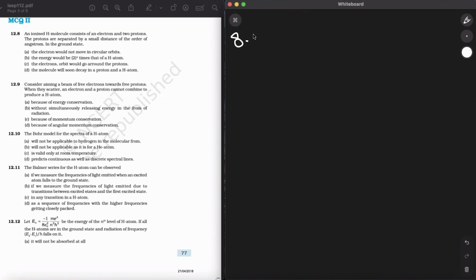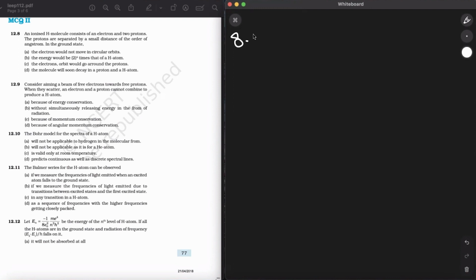So in option A is given the electron would not move in circular orbit. This statement is correct. See, an ionized H molecule consists of an electron and two protons. Okay, the protons are situated at a small distance of the order of angstrom from the ground state. The electron would not move in circular orbit. Option is correct. Okay, why is it correct? Because the hydrogen molecule contains two electrons and two protons.